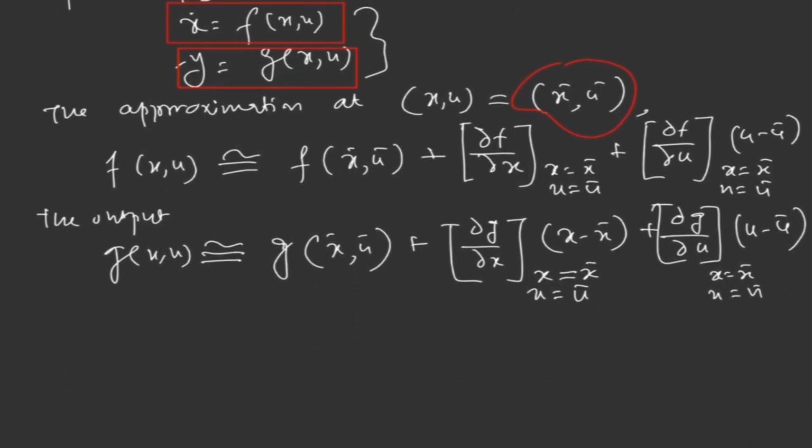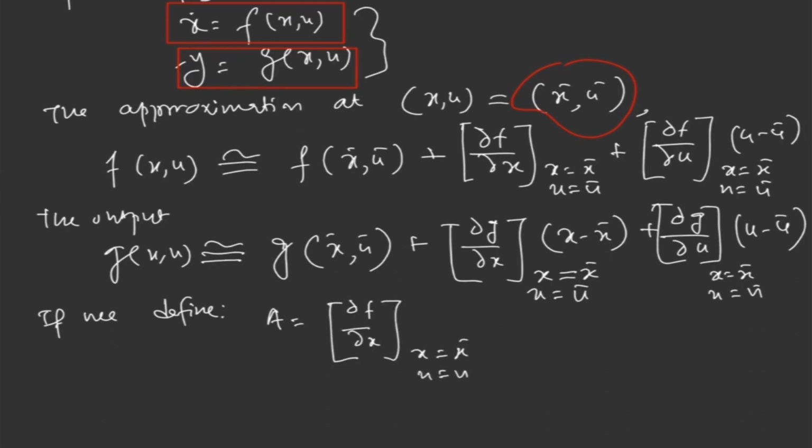So here, if you define A equal to dou f dou x at x bar, u bar, this is basically a matrix. And these are all matrices.